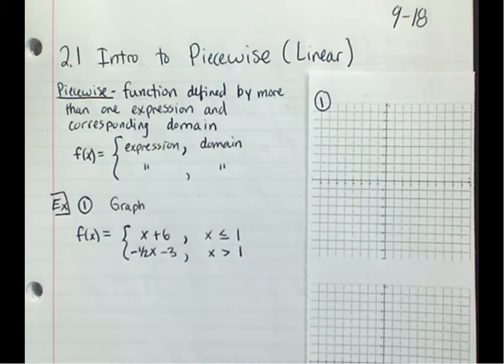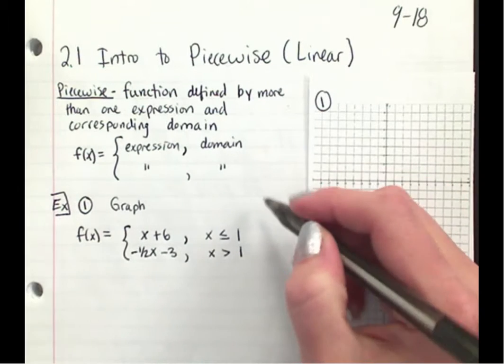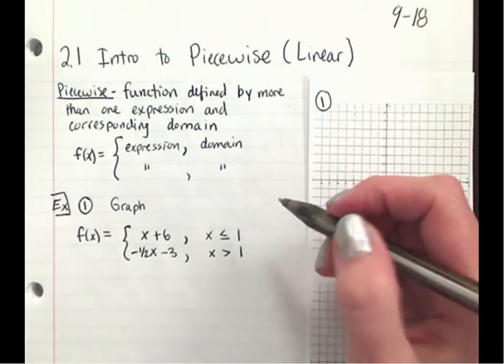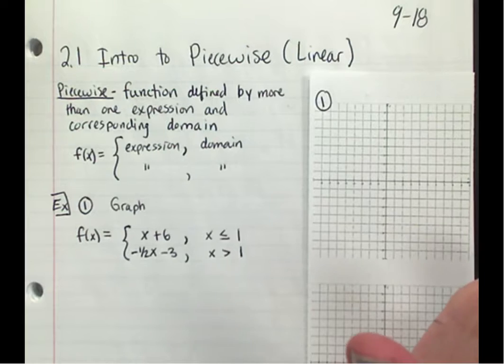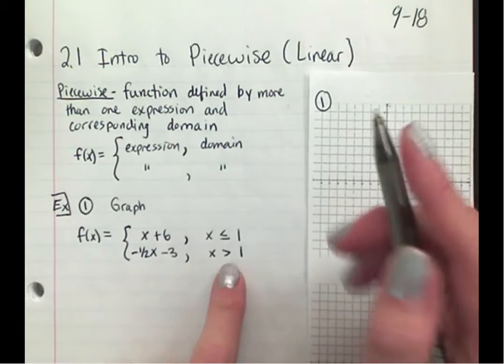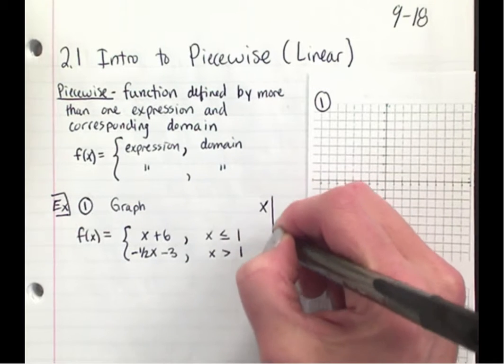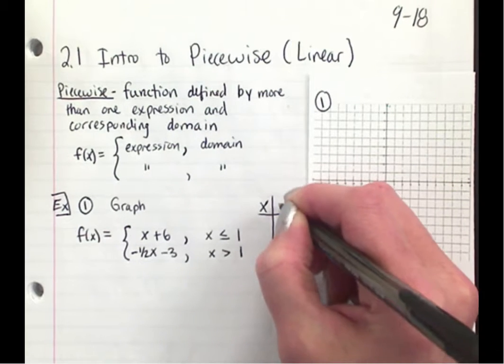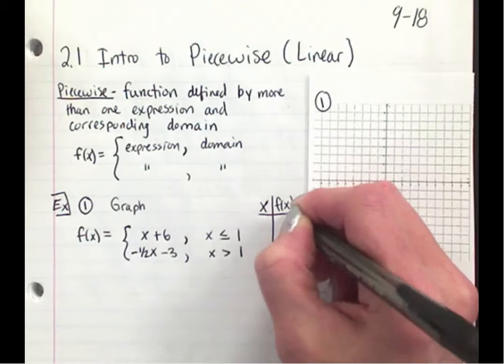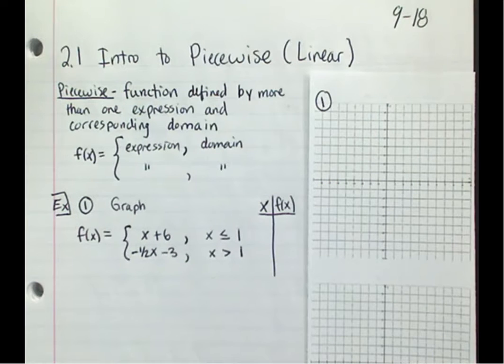So I'm looking at this. I have two linear pieces. And in order to graph this, it's a little bit different. I can't just graph both of these lines. I have to have the correct domain. And so I'm going to start with a table of values over here. Because when you graph piecewise, your endpoints must be accurate.